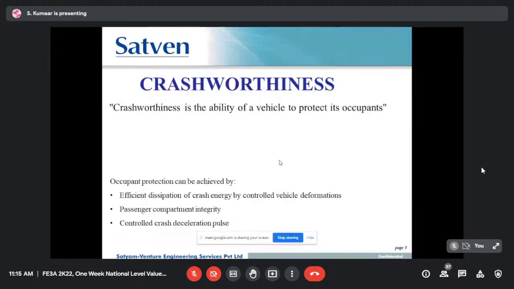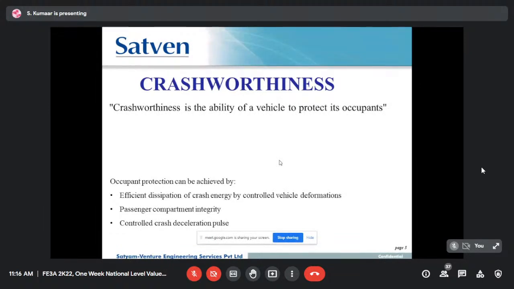We can control this through passenger compartment integrity and controlled crash deformation pulse. So exactly what does it mean? Once the crash happens, the energy will transfer from the bumper to the passenger compartment, through the bumper, front frame, and crash can. The aim is to avoid any injury to the occupant.